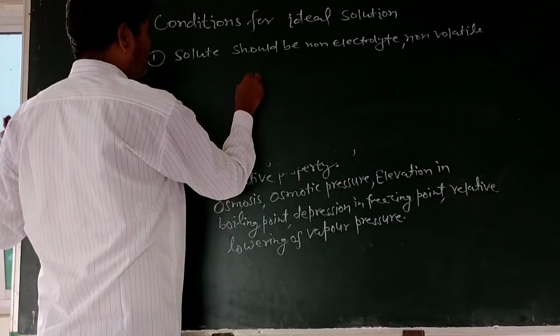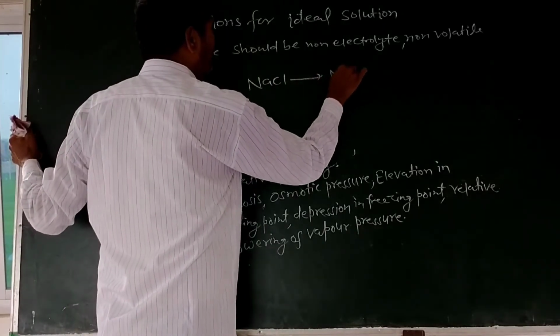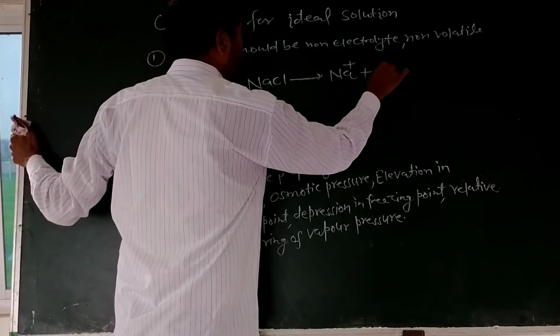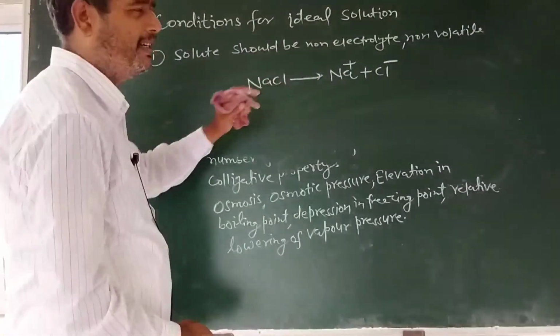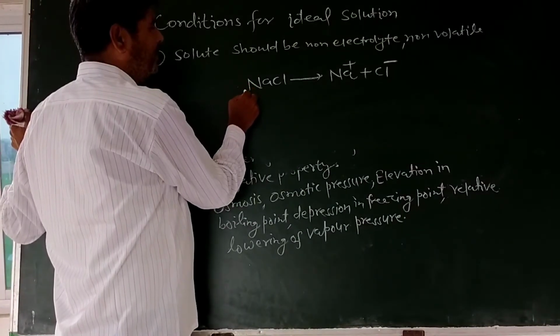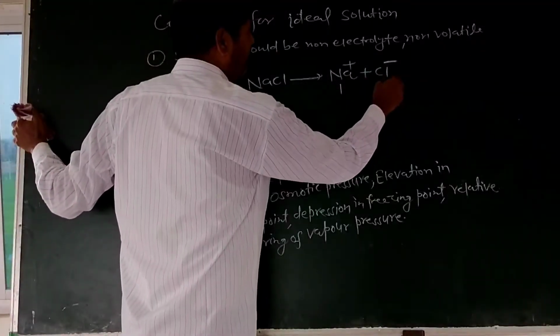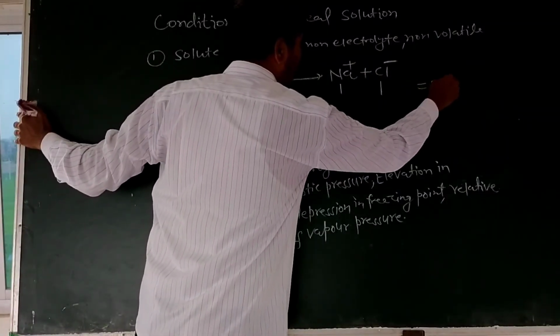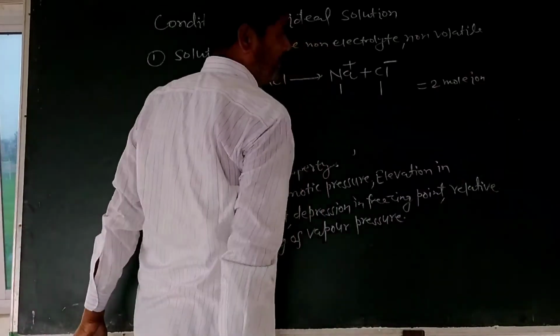If 1 mole NaCl is taken, it will ionize into Na plus and Cl minus. It is an electrolyte, an electrovalent compound. If 1 mole NaCl is taken, then 1 mole cation and 1 mole anion, total 2 mole ions, will be obtained.